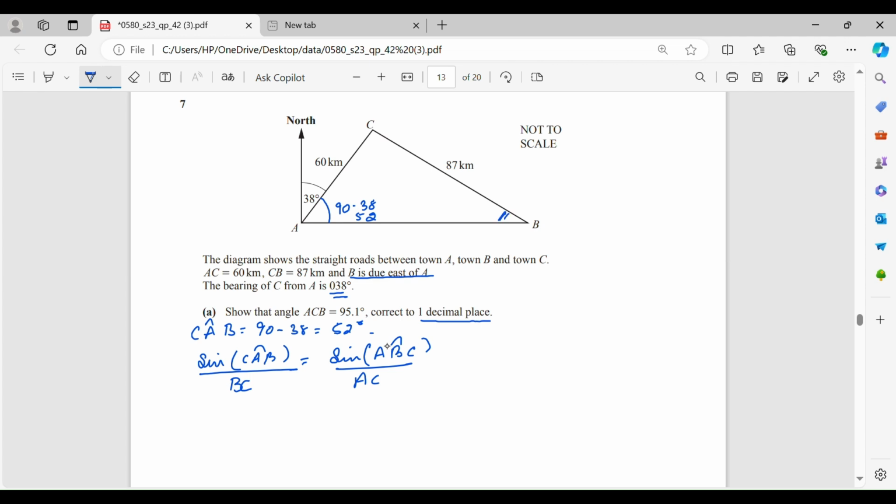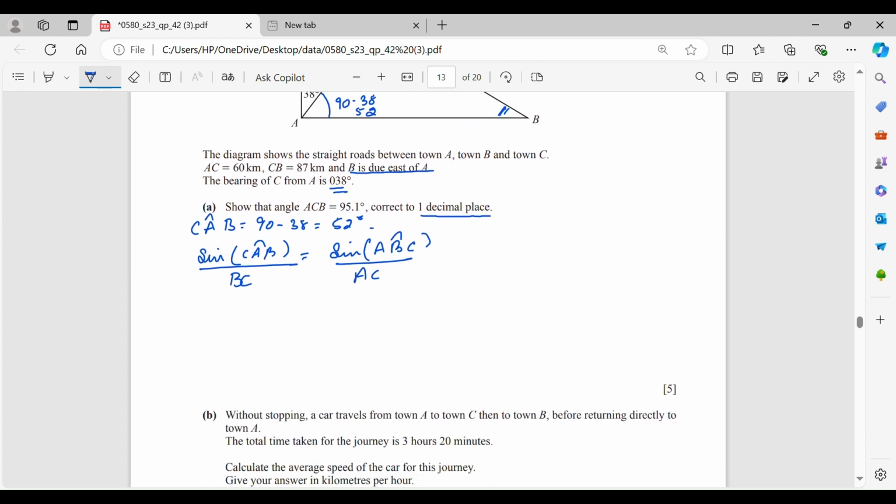So we will substitute these values. Sine of angle ABC will be equal to AC times sine of CAB over BC. AC is already given, 60, times sine 52 degrees over 87.